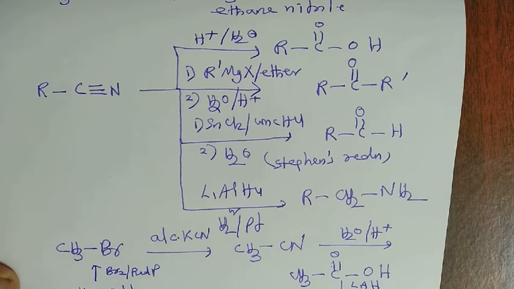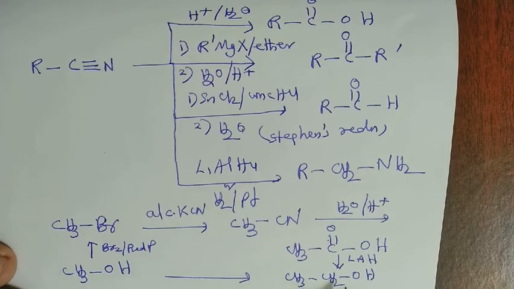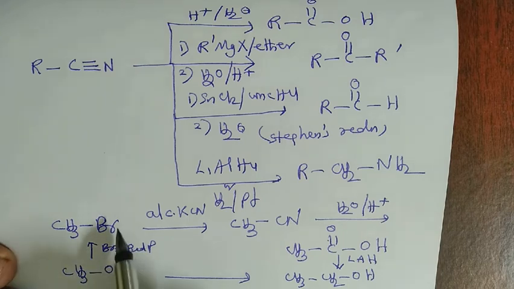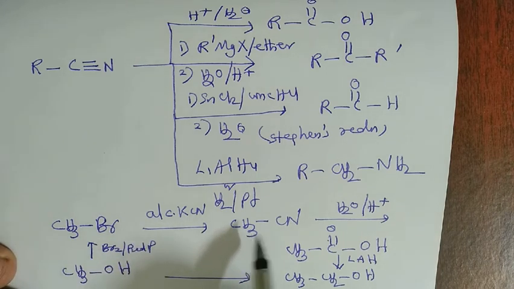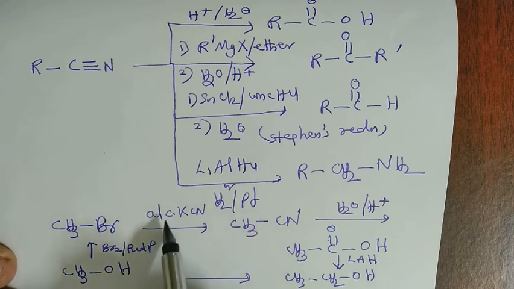For example, methanol can be converted into ethanol through the following steps. Initially, methanol is converted into a methyl halide like methyl bromide using bromine in the presence of red phosphorus. Then methyl bromide is converted into methyl cyanide by treating with alcoholic KCN.